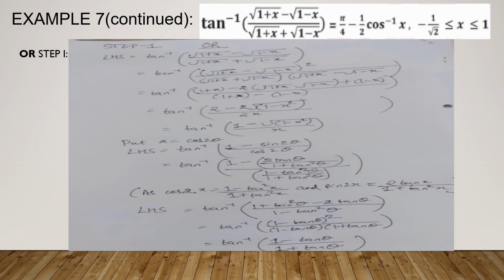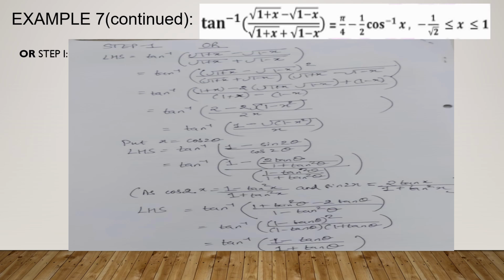So on simplification, first step you will get tan inverse of 1 minus root of 1 minus x square upon x. Now you put x is equal to cos 2 theta. So it will be tan inverse of 1 minus sin 2 theta upon cos 2 theta. Here you will use the identities of sine and cos double angle in terms of tan. So you know that cos 2x is 1 minus tan square x upon 1 plus tan square x, and sine 2x is 2 tan x upon 1 plus tan square x.